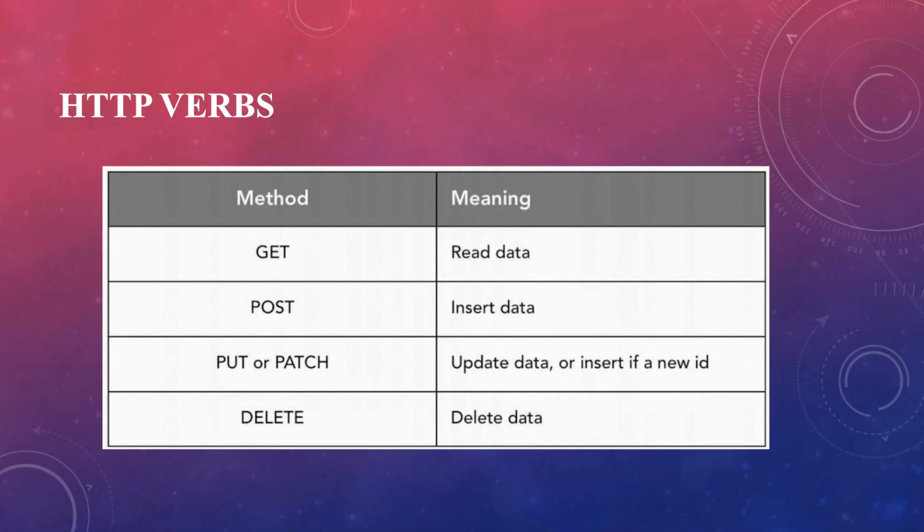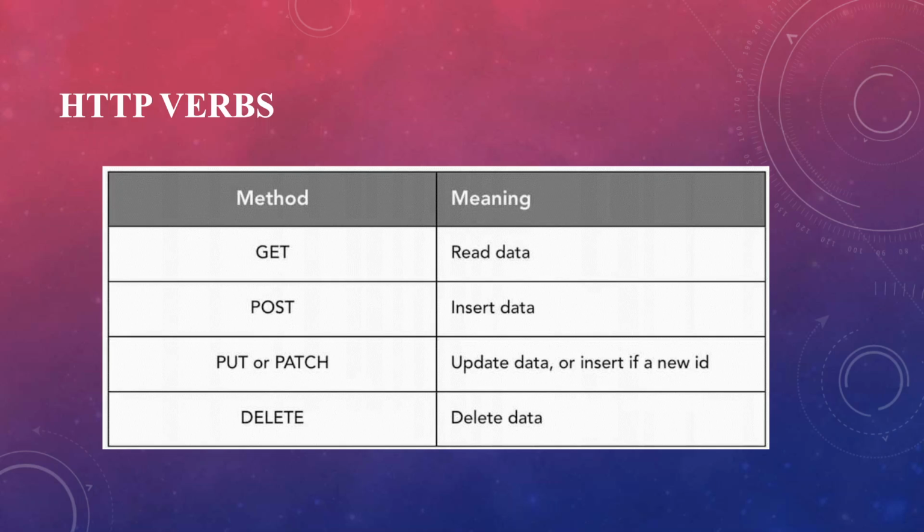That can be decided using HTTP verbs. The client sends an HTTP method along with the request, and depending on the method, the server tries to perform the action. The most used verbs are GET, POST, PUT, PATCH, and DELETE.